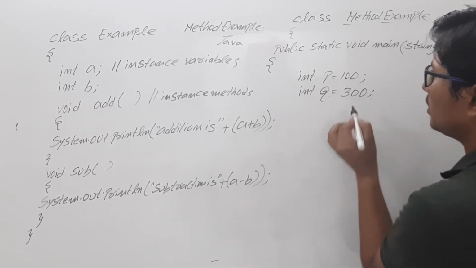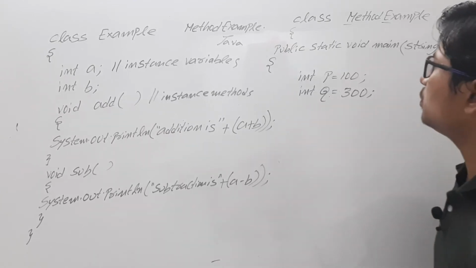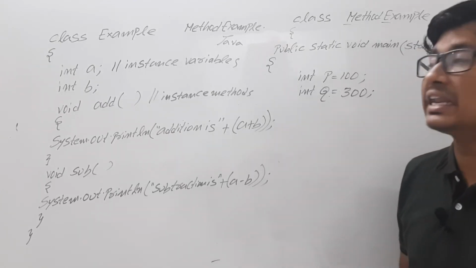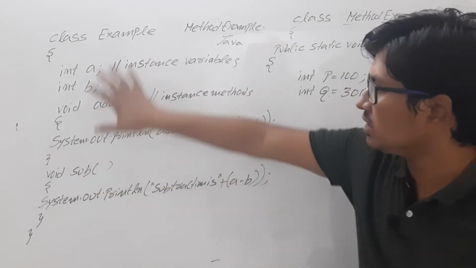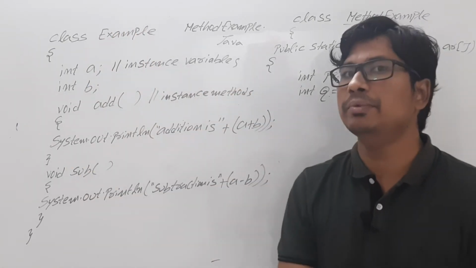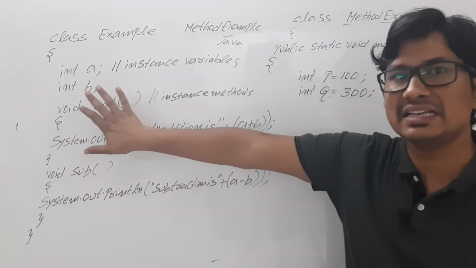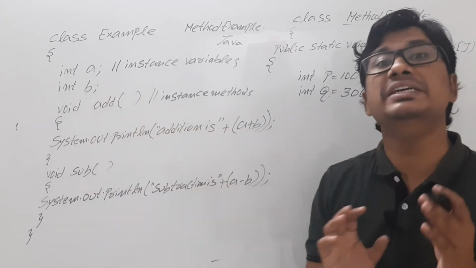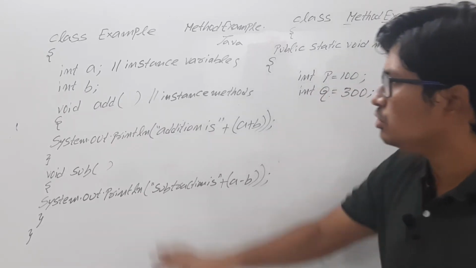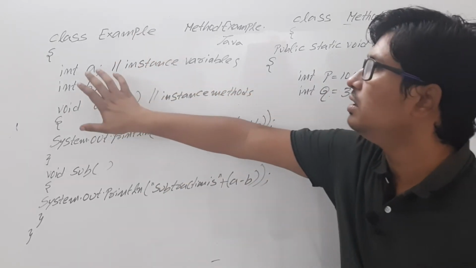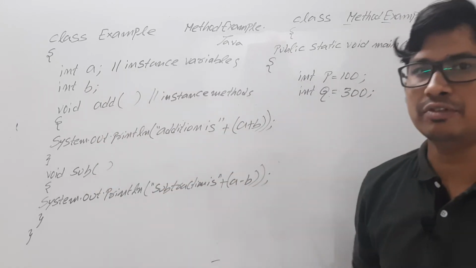Okay. So what I will do is that I need to create an object for this class, because once you define a class, memory will not be allocated, because class is imaginary, whereas an object is the real entity. So if you want to access the variables and methods of a particular class, you need to create an object.